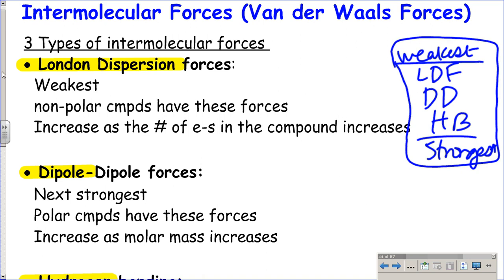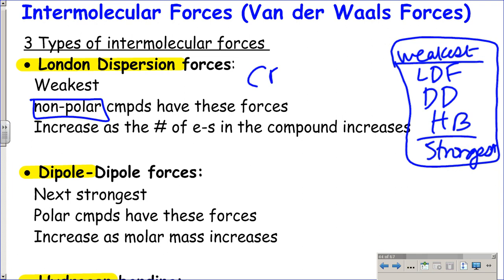All right, so only nonpolar compounds will have London dispersion forces. Now, every single molecule technically can have London dispersion forces, but nonpolar ones have only LDFs. So give me an example that we drew in the lab or did earlier in class that was a nonpolar molecule. CF4, nice.